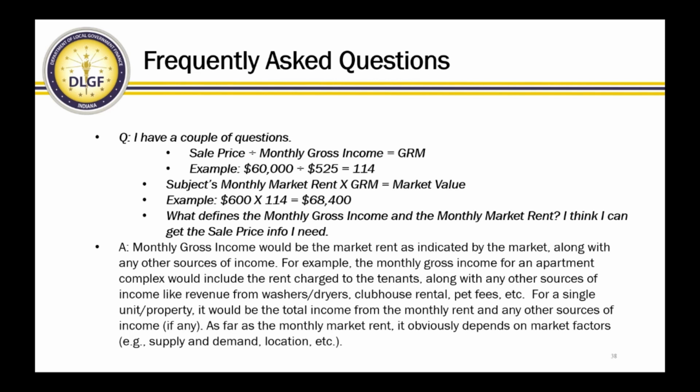For a single unit property, you may not have other sources of income like clubhouse rental or washer and dryer income, but there could be other sources. Maybe you do charge a pet fee. As far as the monthly market rent, it is obviously dependent on market factors such as supply and demand, and location.